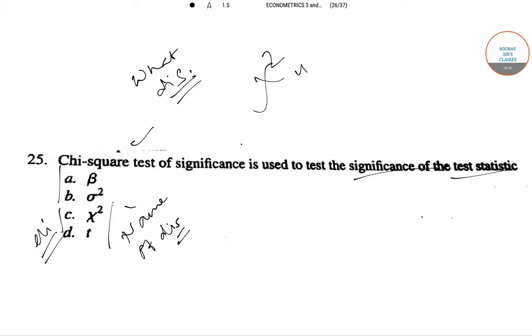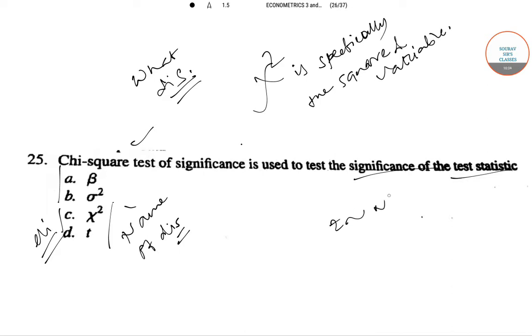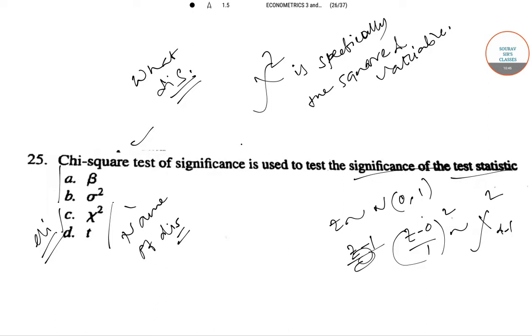The chi-square test is specifically for squared variables, because if z follows a normal distribution with mean 0 and variance sigma square, then z minus 0 by 1, which is z itself, follows a chi-square distribution if it is squared, with degrees of freedom. Therefore, only sigma square matches the criteria of a squared variable. Therefore, option B is the correct answer.